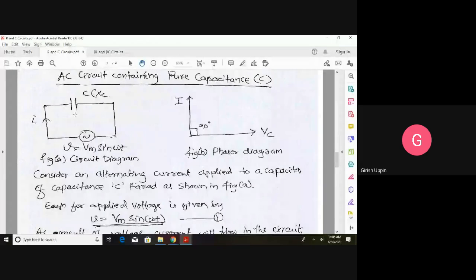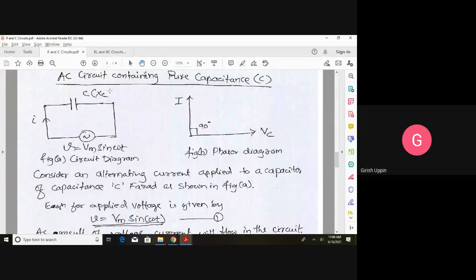So in case of a pure capacitance, having a capacitance of C farad, it will have a capacitive reactance. In case of an inductance, it is an inductive reactance, that is XL. In case of a capacitor, it is a capacitive reactance, represented as XC. XC is the opposition to the current.